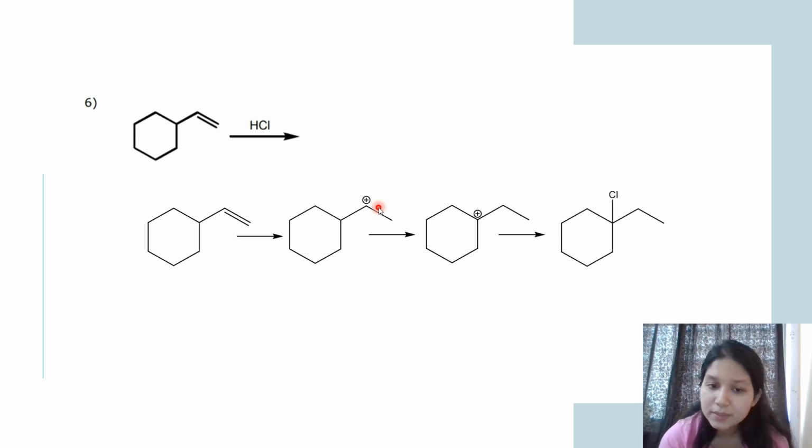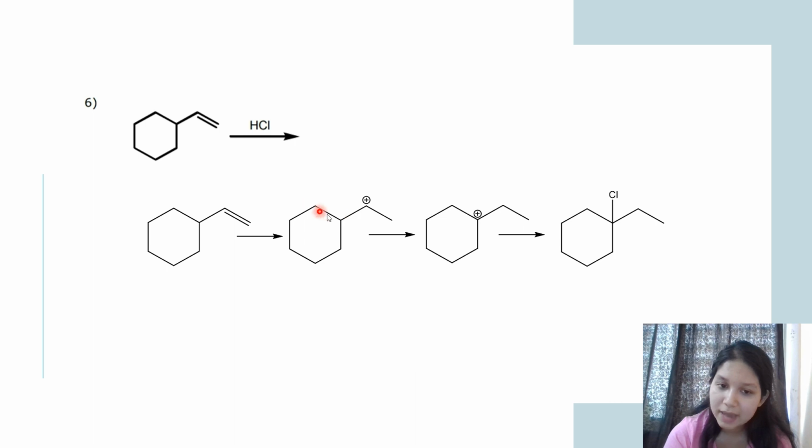Now you have to see whether the adjacent carbon of this carbocation possesses transferable substituents which can lead to the formation of a more stable carbocation. You can see, does it have?